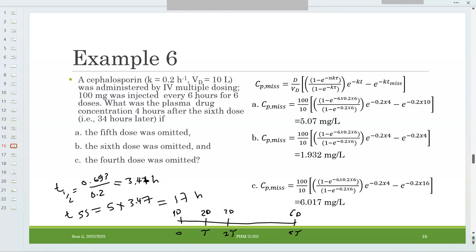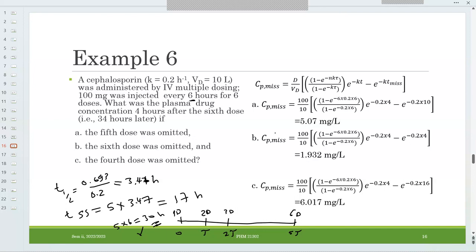The dosage interval here is 6 hours, so 5 times 6 equals 30 hours. The time to reach steady state is 17 hours, and after the 6th dose we are talking about 30 hours, which means steady state has been achieved. So in this case you can straightforwardly use the steady state equation, which is simple.